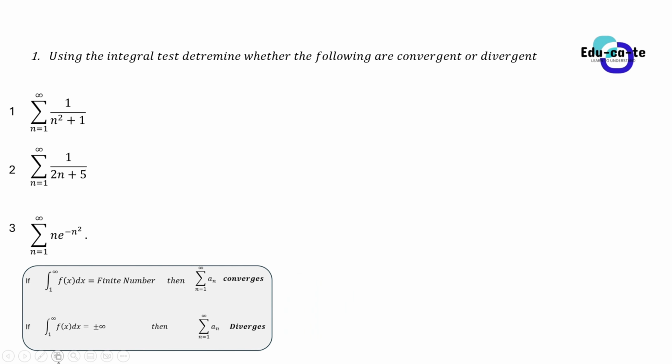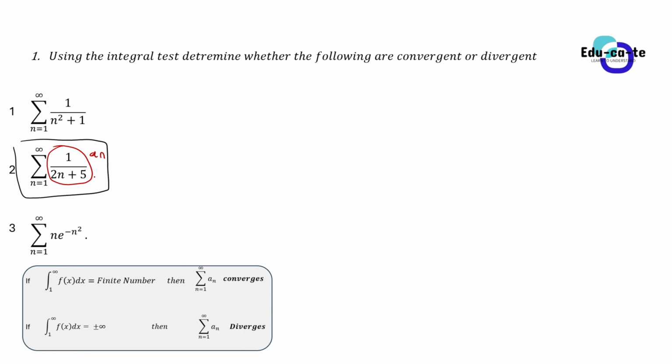Now looking at number 2, you have the series from n equals 1 to infinity of 1 over 2n plus 5. Remember that 1 over 2n plus 5 is your function a_n.